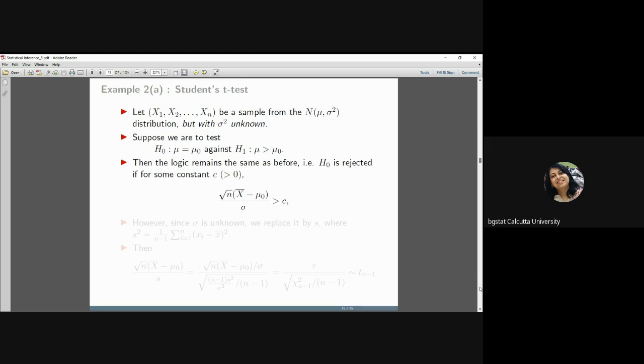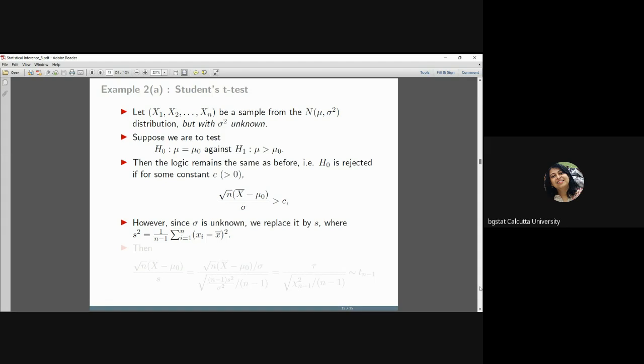So just as before, we can argue that the reasonable test is to look at root n x bar minus mu naught over sigma and argue that if the alternative is correct, then we will expect this to be large. So we will reject the null if this is greater than some quantity c, where c is calculated based on considerations of the level of significance.